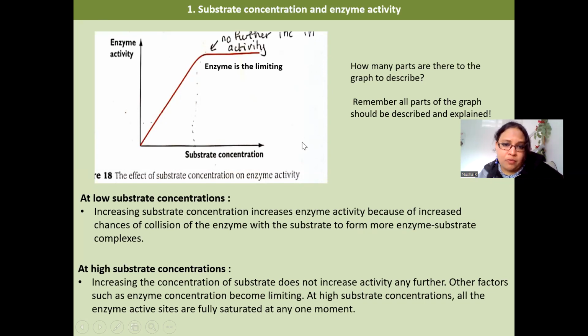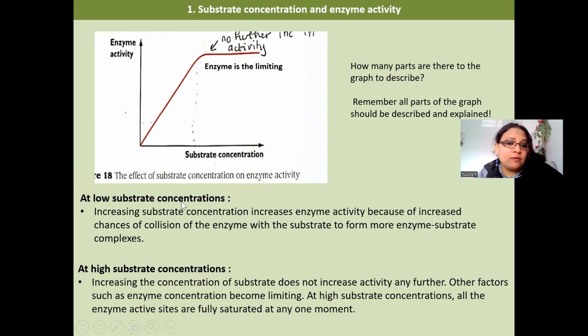When we're explaining this graph, we see that there are two parts to it: this bit, if you follow my cursor, and then the plateau bit. This bit here we can describe as low substrate concentrations, and this bit here as high substrate concentrations. Obviously, if there are values, we should quote the values.